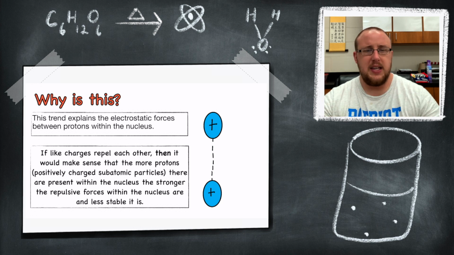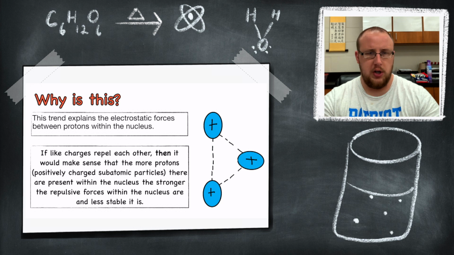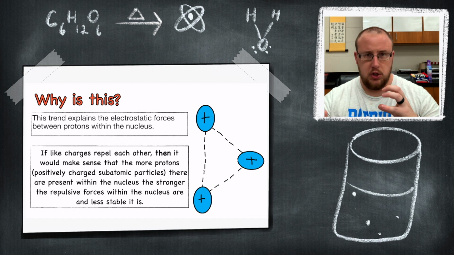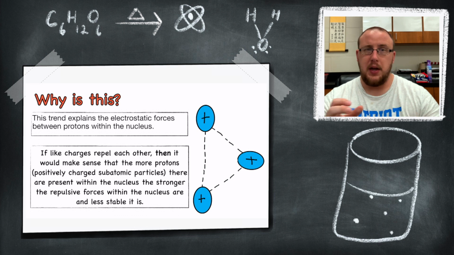Well, let's think about this. If our atomic number increases, that's going to also increase the number of protons in our nucleus. So the more protons we get into that nucleus, the more repulsive charges there are going to be. So we're going to need more neutrons to counteract that.